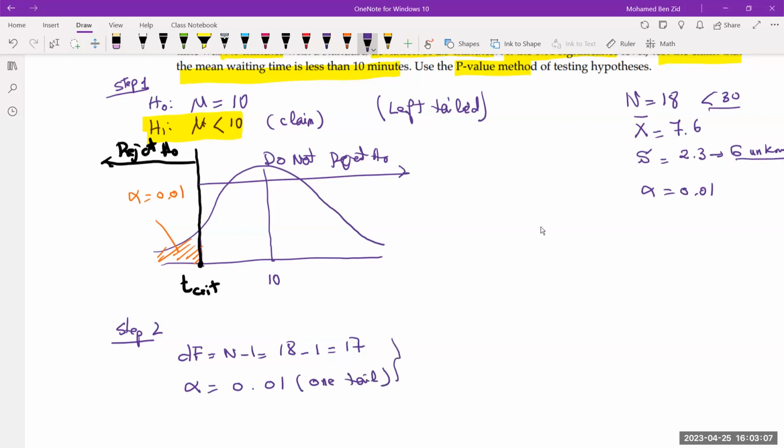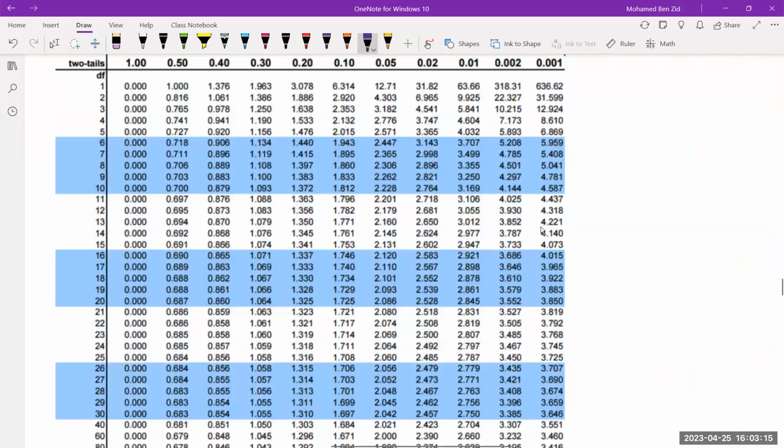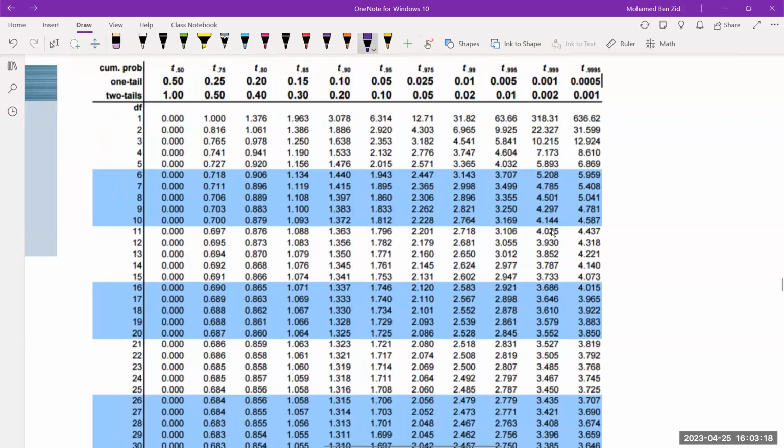So now you can use your T table. To use the T table, we say 17, so 17 this line, and 0.01 in one tail. So you are looking for 0.01 in here, so you're going to be right here, right? You're crossing this column with this line, and your T value is going to be 2.567.